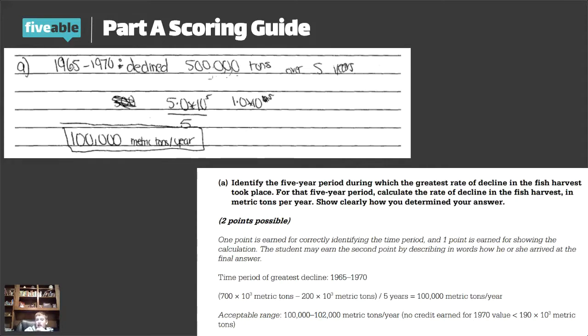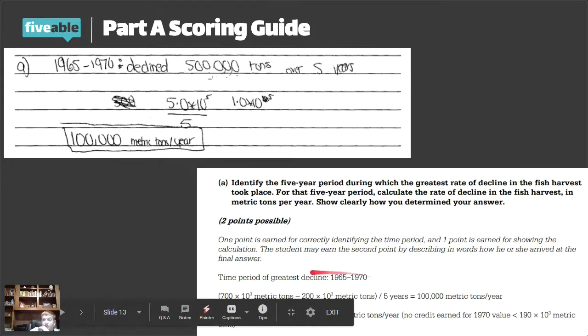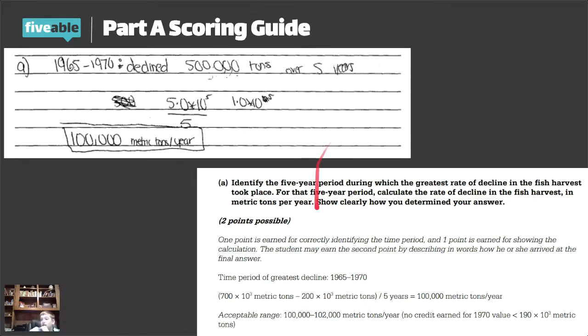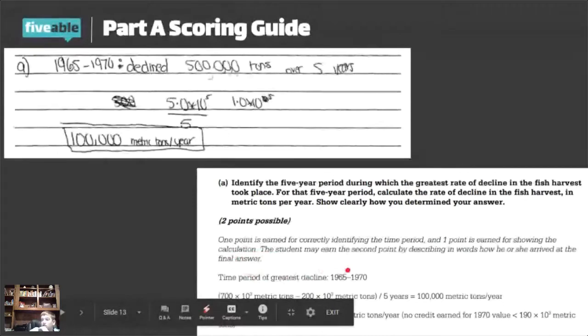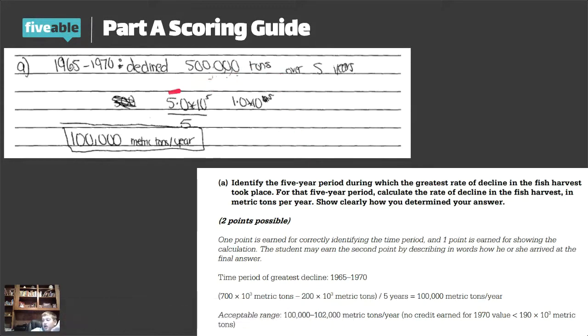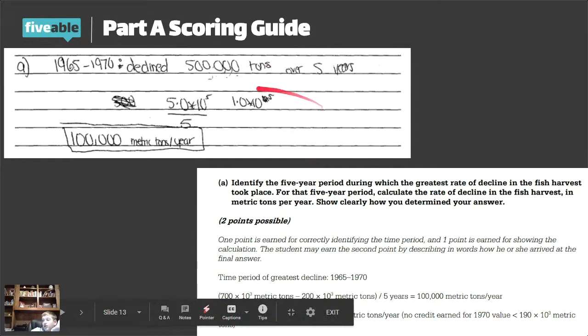The scoring guide said the greatest time period of decline was 1965 to 1970. That seems right. And it also says that 700,000 metric tons minus 200,000 metric tons would be 500,000 tons, divided by 5 years would be 100,000 metric tons per year. Basically, they got the right answer.